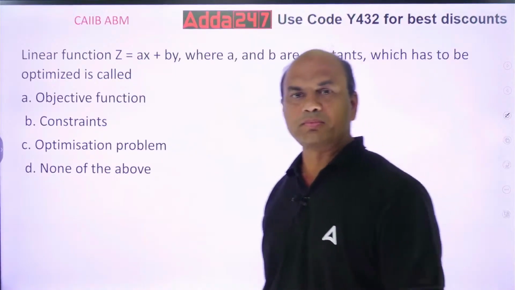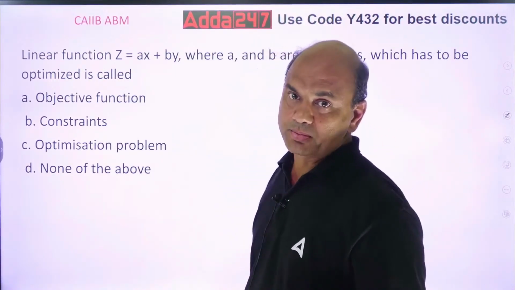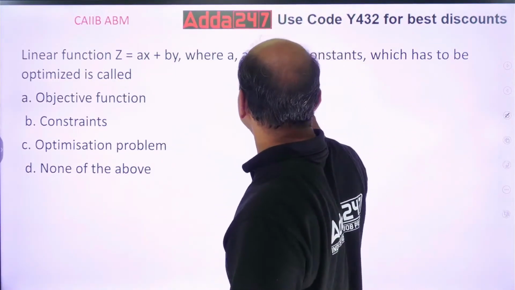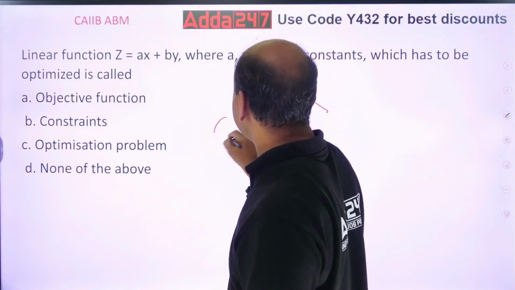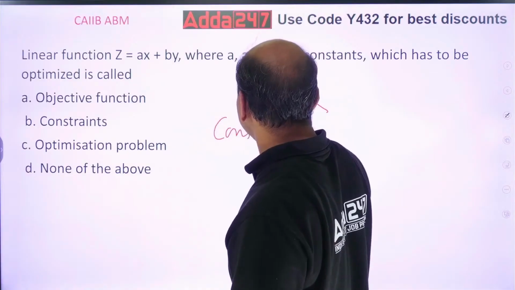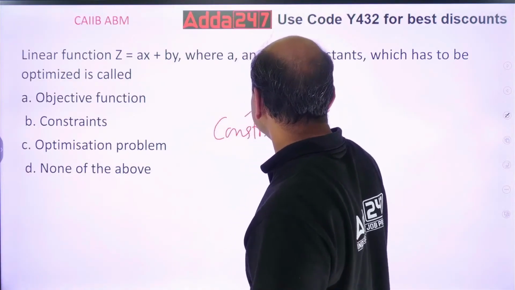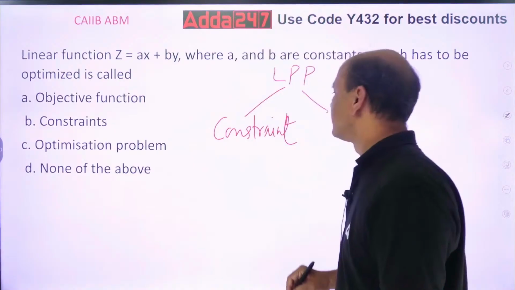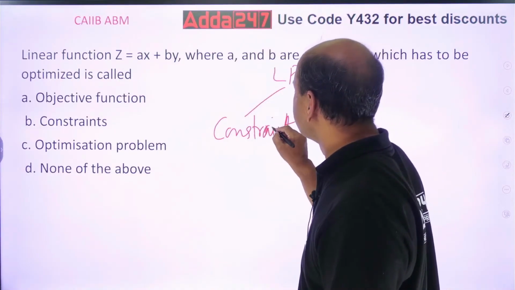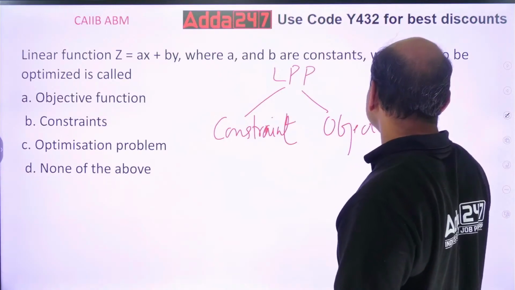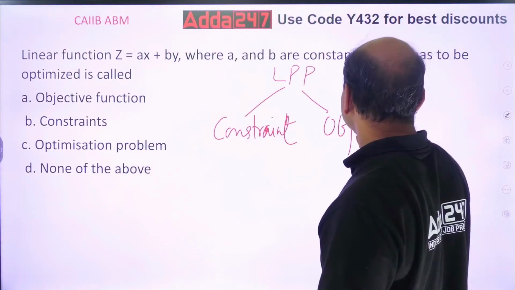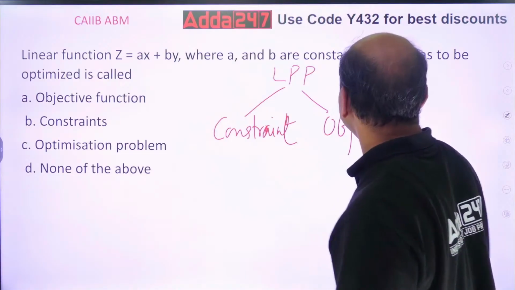So remember, in any LPP, linear programming, you have two things. One is constraint equations. There are many constraints. And second one is the objective function.